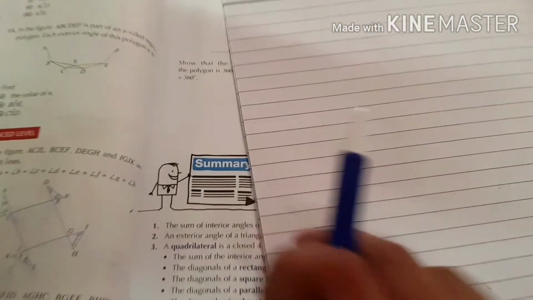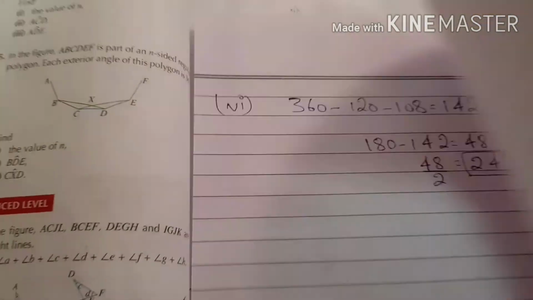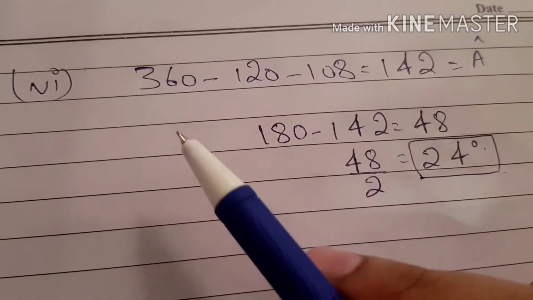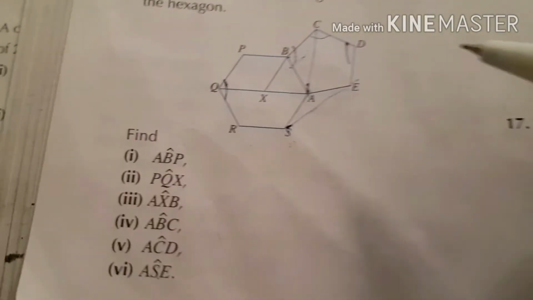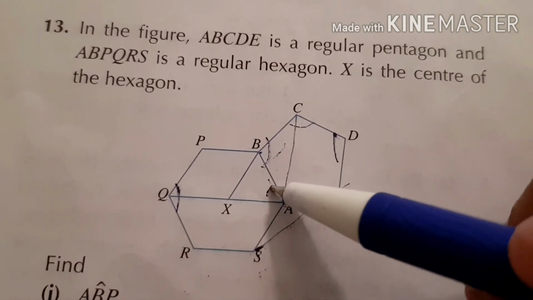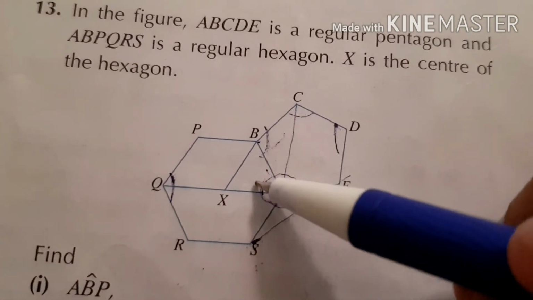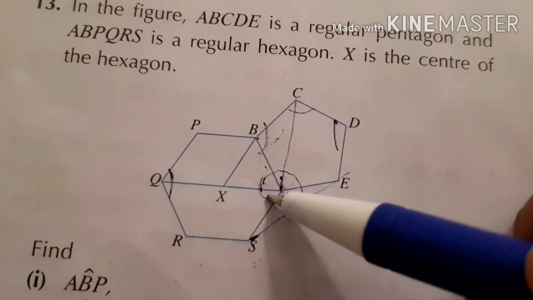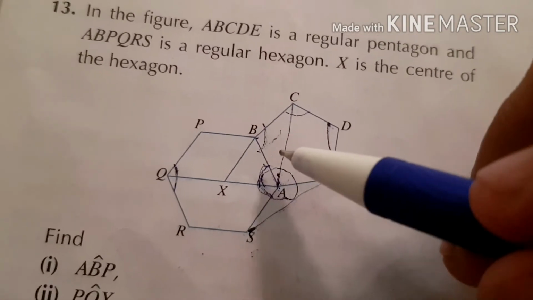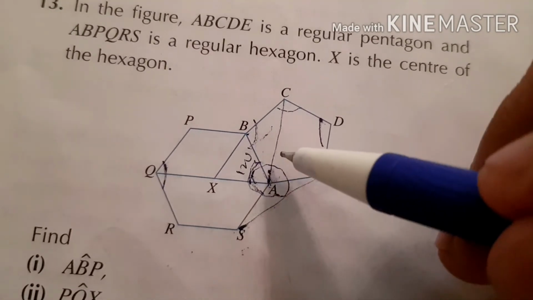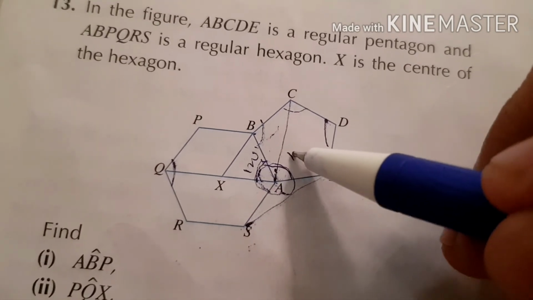I have done it over here. This whole is 360, out of which this whole part is 120 and this whole part is 108.